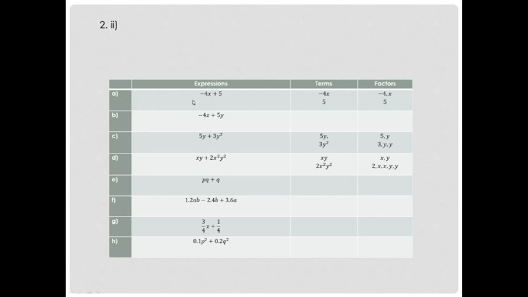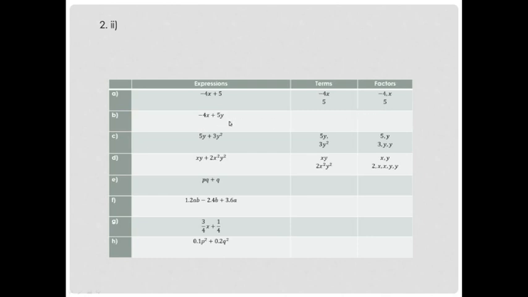First of all, in number A we have minus 4x plus 5. So the terms are minus 4x and 5. Minus 4x is here, and plus is not needed for the 5. If there is nothing there, that means it is positive. Minus 4x and 5. Then as factors we can separate this again: minus 4 and x, and 5 alone we can write.